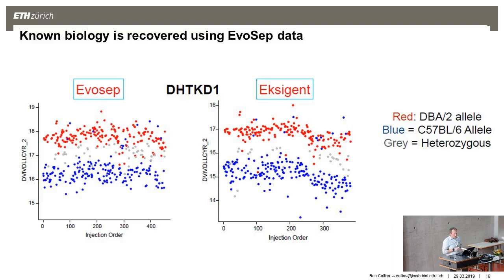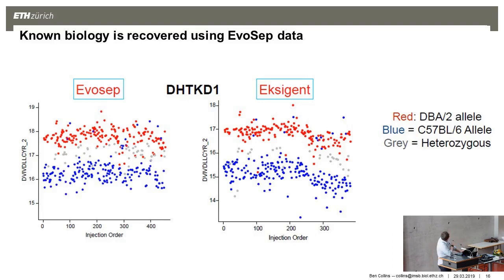And so just one slide to show that some known biology is recovered using this data set. Evan knows these mice very well, and there's a lot of true positive things that he knows should be there.